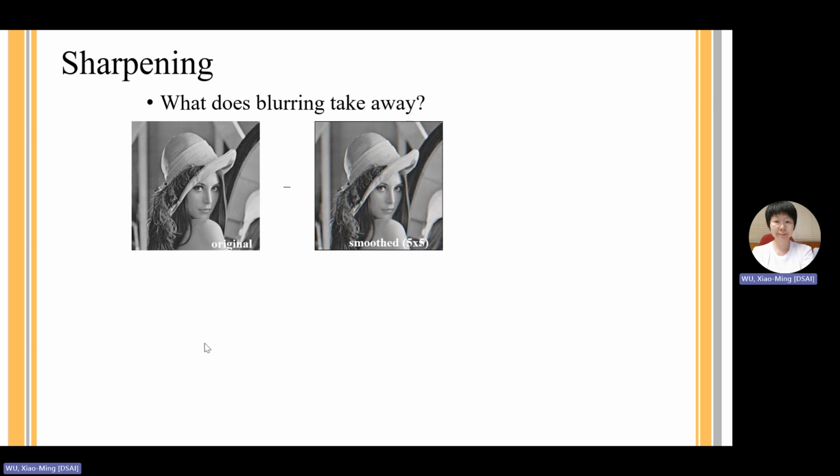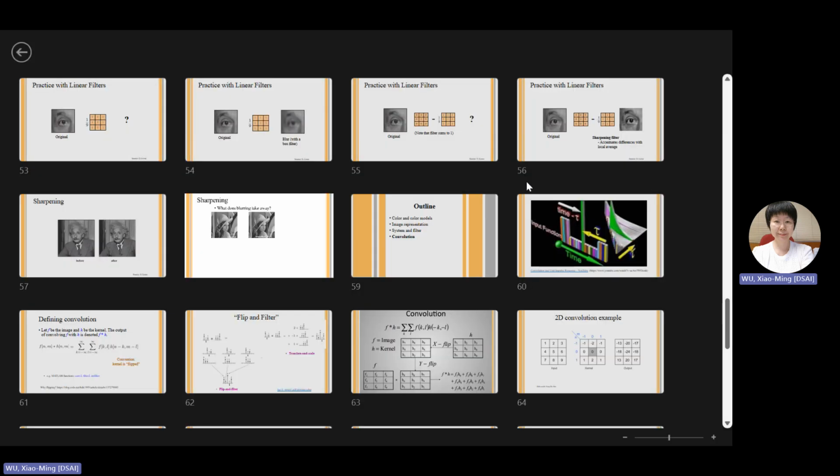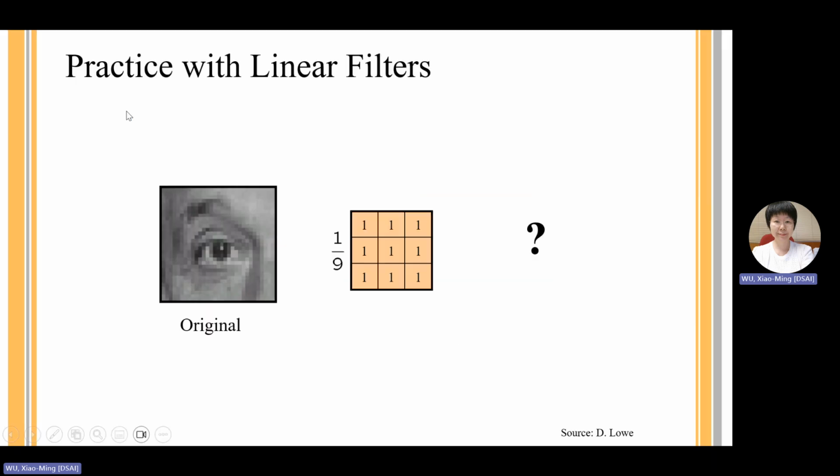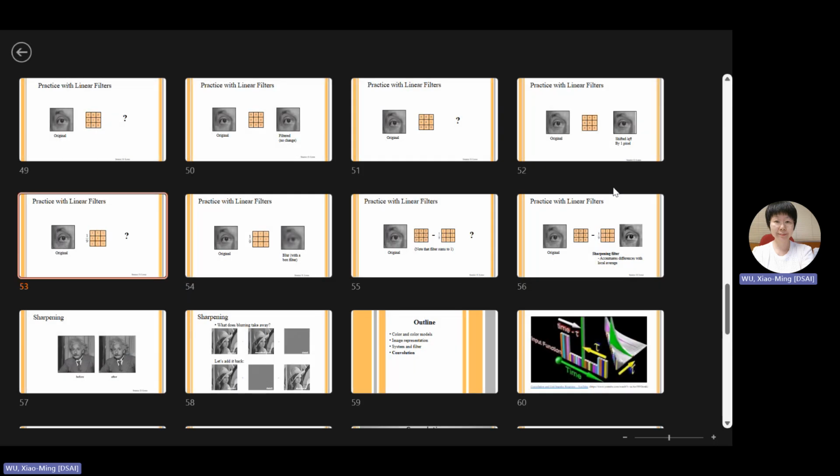In this class, we're going to introduce more filters, which can be used for identifying edges, edge detection. We are going to see filters in the form of matrices, but they are very versatile. They can be expressed in many other ways and accomplish different tasks.